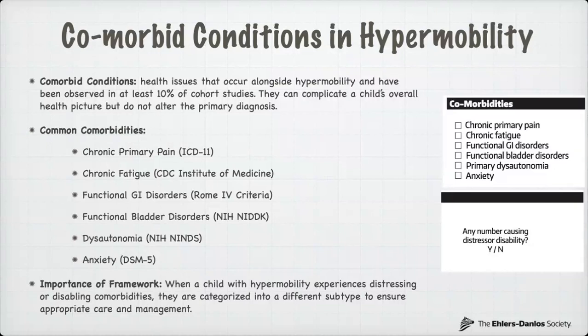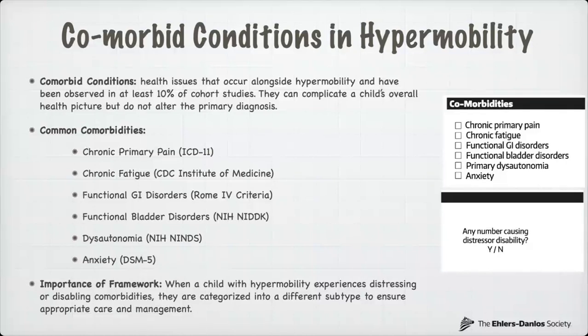Some children might have multiple comorbidities along with hypermobility spectrum disorder or generalized hypermobility, and others might have none. The most common ones listed in the questionnaire are chronic primary pain, chronic fatigue, functional gut disorders, functional bladder disorders, dysautonomia, and anxiety.